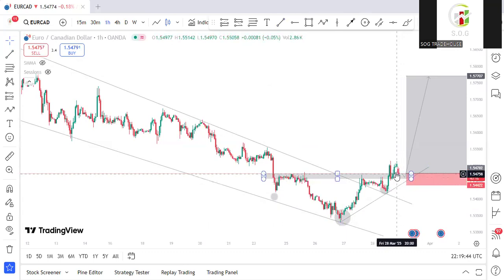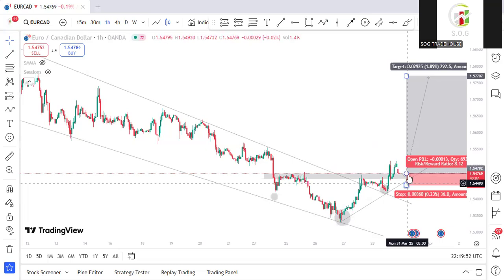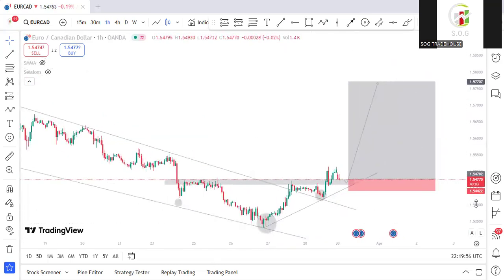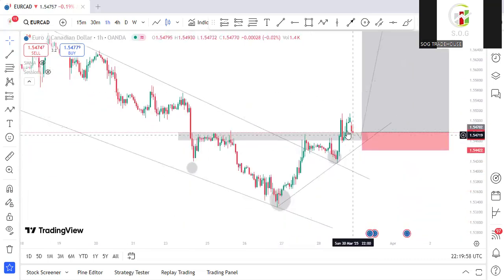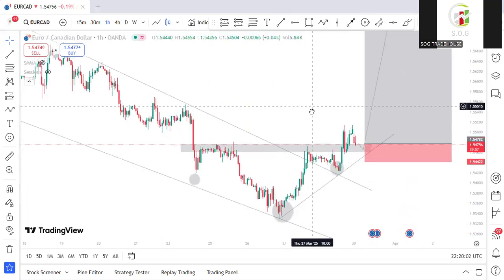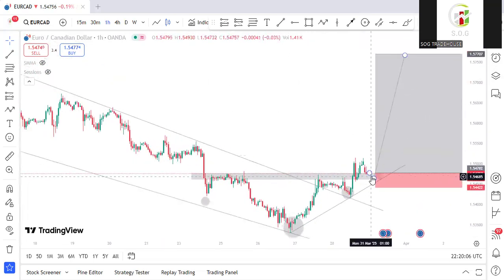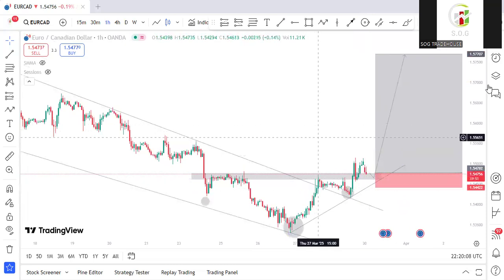So it is either we get a confirmation candle on this level of support, or we get a confirmation candle at the touch of the trend line. So we are going to be monitoring EURCAD on this level of support and also this trend line. So let's see how EURCAD plays out on this level of support and also the trend line.